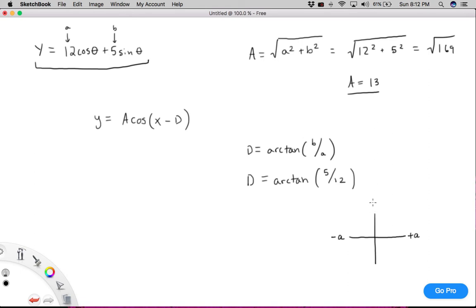And then you have positive sine values this way, and you have your negative sine values this way. So if a and b are both positive, you're talking about quadrant 1. If a is negative and b is positive, you're talking about quadrant 2. If a and b are both negative, that would be quadrant 3. And if a is positive and b is negative, that's going to be quadrant 4. So just be careful when you're doing the arctan. That's what I'm getting at here.